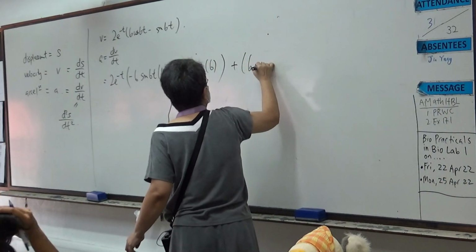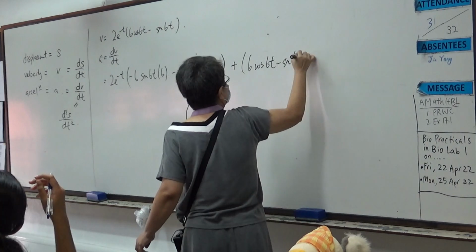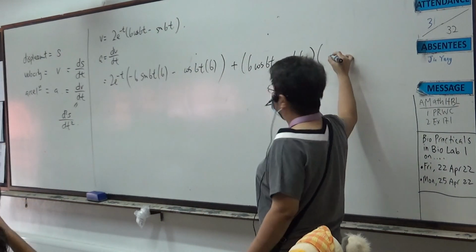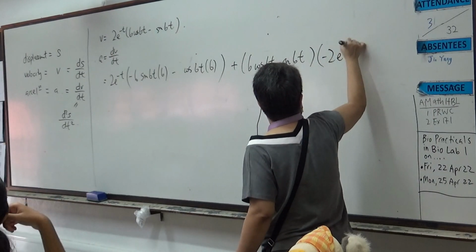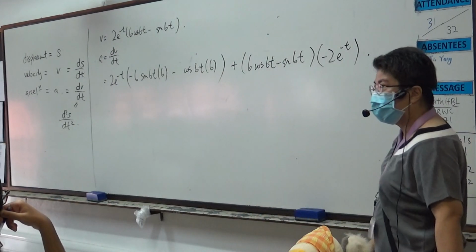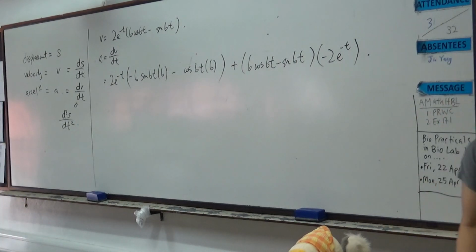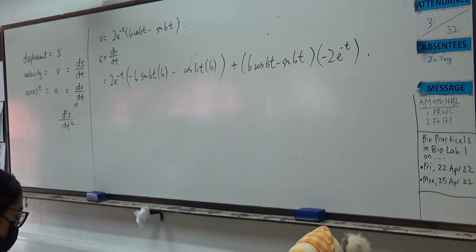Plus this one, right? Then I differentiate the other one. What does it give me? Correct? Negative 2e^(-t), right? Yes or no? You must do it slowly, if not you'll become wrong.